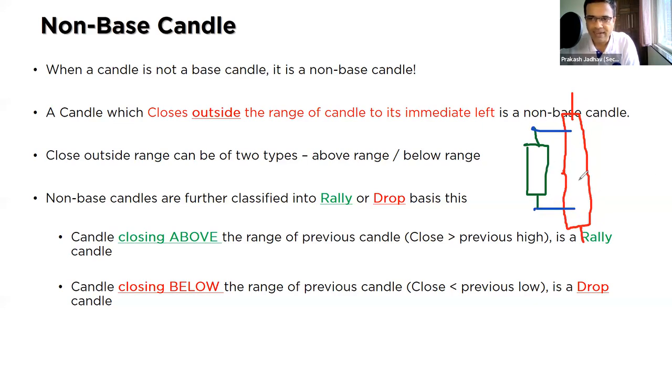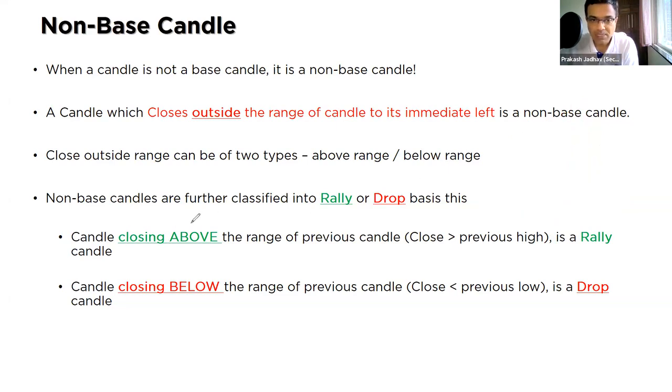Now this candle has closed below the low. That means this candle has closed outside the range of the earlier candle. That means this is not a base candle. So this is a non-base candle. So close can be above or below the range.